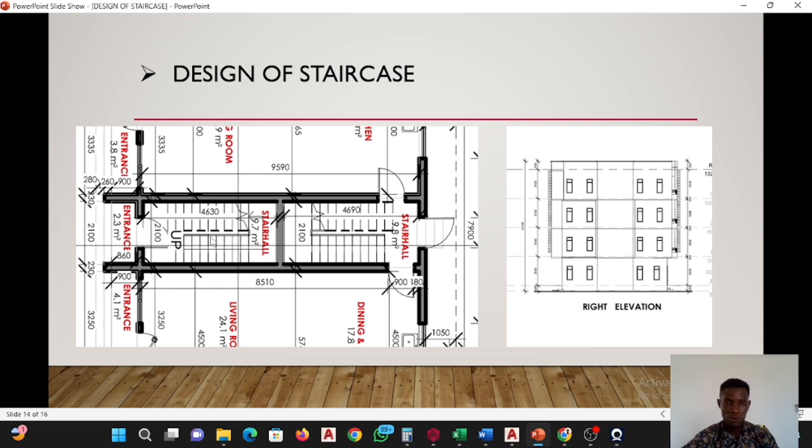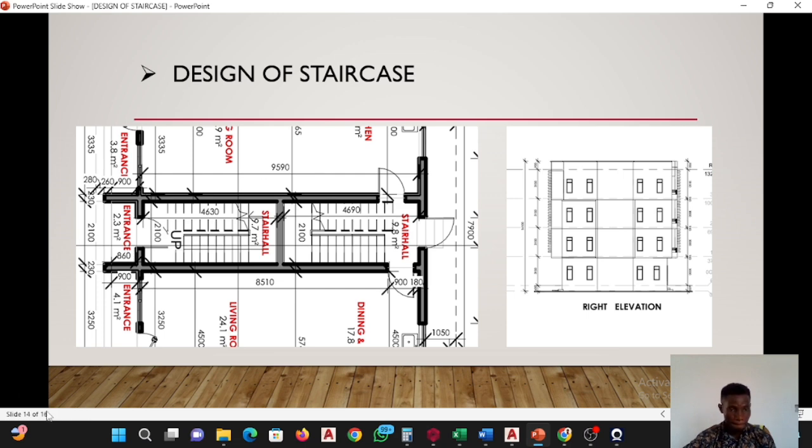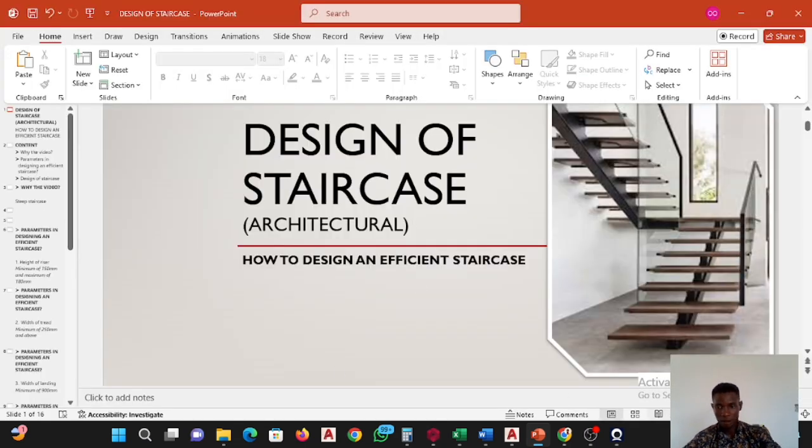I'm going to show you the way we are going to calculate the riser and the thread and have an efficient staircase. Understand? So we need to consider the total rise, also the headroom of the building. So let's look at the headroom of the building.